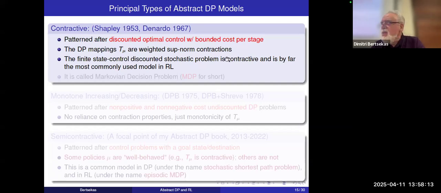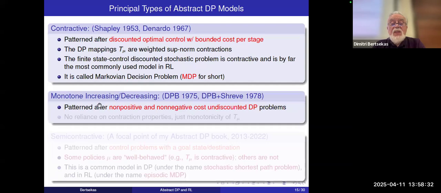Okay, so this is the model for reinforcement learning. And in my opinion, it has received undue emphasis. There are other problems that are just as interesting, both from the point of view of theory and practice. The name for these is MDP, Markovian decision problems.